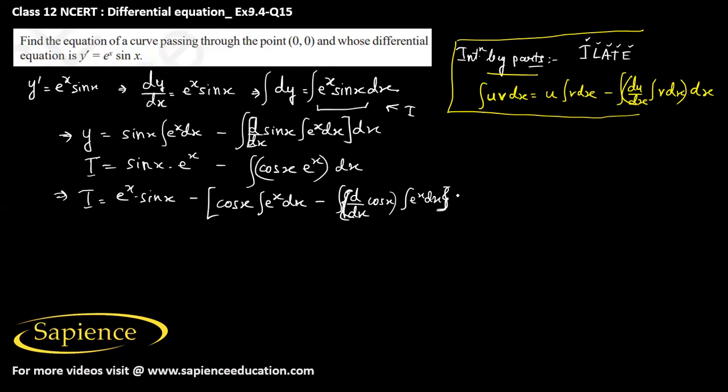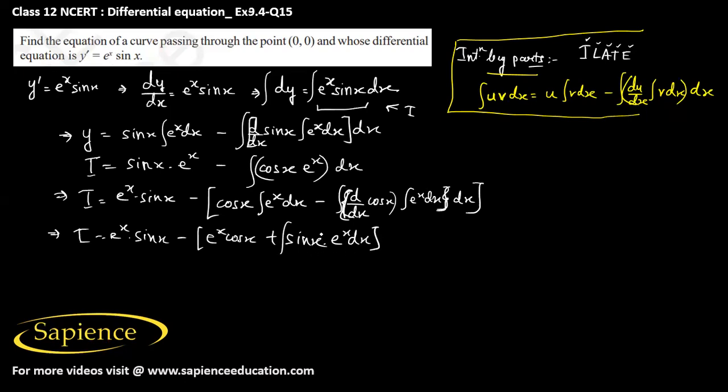So then I will be equal to e power x into sine x minus e power x cos x, then minus, d by dx of cos x is minus sine x, so that will be plus sine x times integral e power x, which is e power x, integral dx.